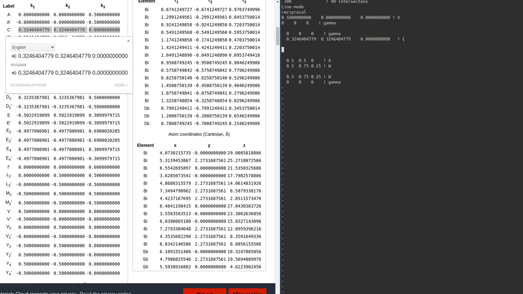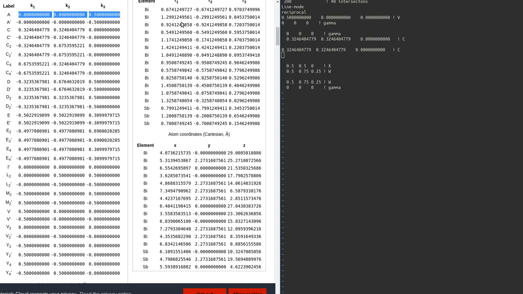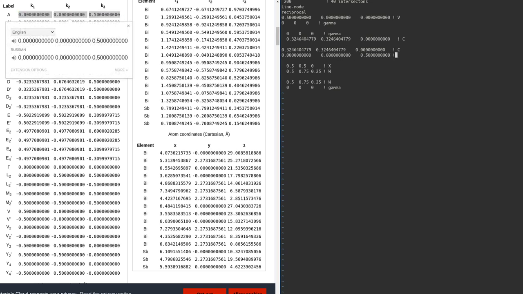So we should use that number again to show VASP that we want another set of high symmetry points from C to A. From C to A. And from A to V again.